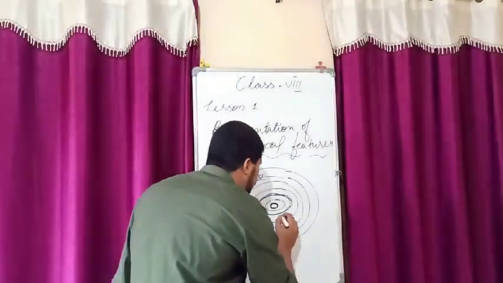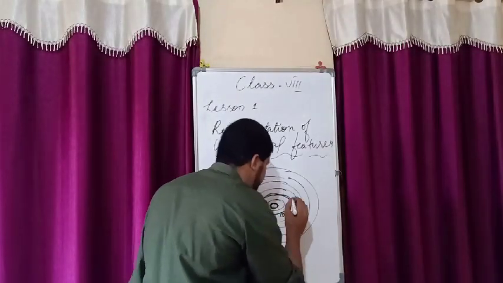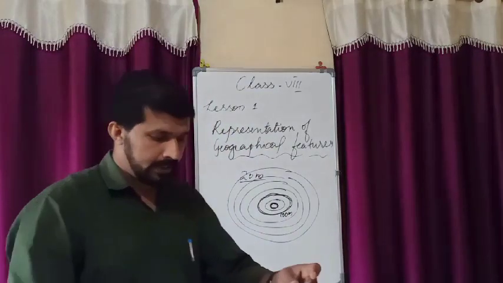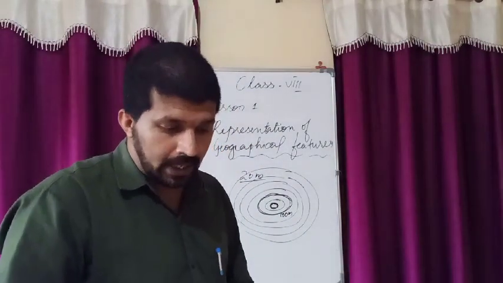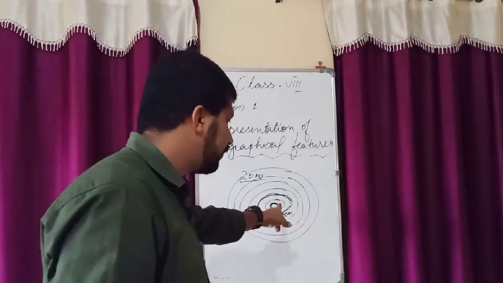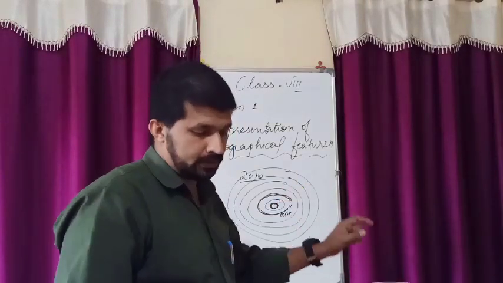Its value will always be a multiple of 100 meters. So every fifth contour line is highlighted, and that contour is known as the index contour.